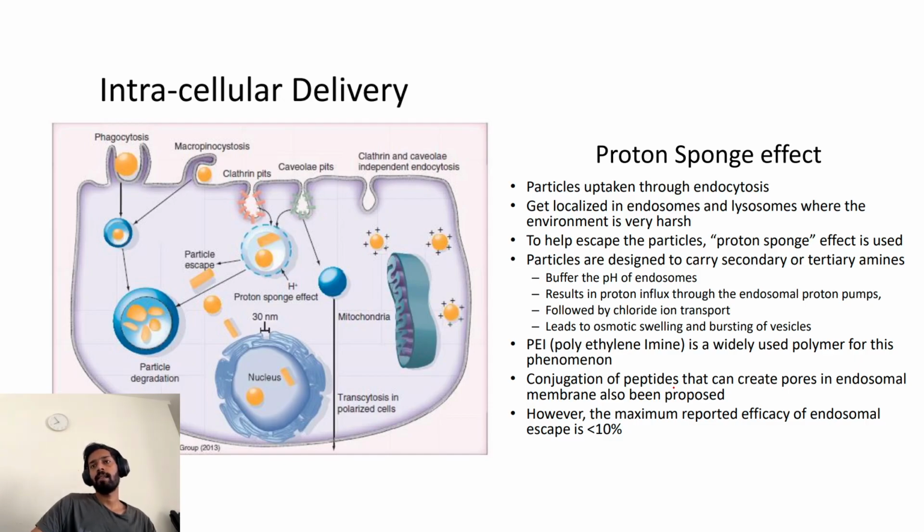So that's the proton sponge effect. Although the technology works very well in theory, in practice we see a maximum reported endosomal escape of around 10%. So you can imagine most of the particles are still in the endosome, but your goal is to ensure that enough comes out to release the drug in the intracellular space. So that's the proton sponge effect.